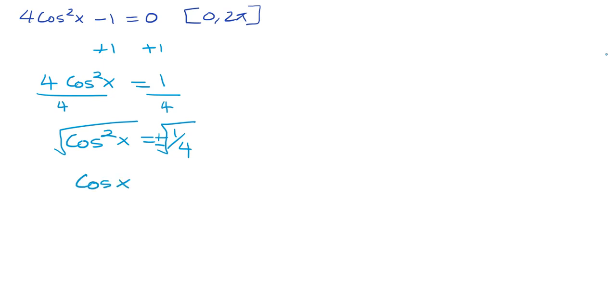So cosine x equal to plus or minus 1/2. So we're good. Let's get our unit circle together. So the cosine is positive right here and right here. Remember we have CAST. So cosine is positive in the first quadrant and in the fourth quadrant.